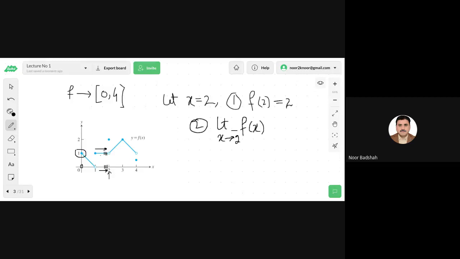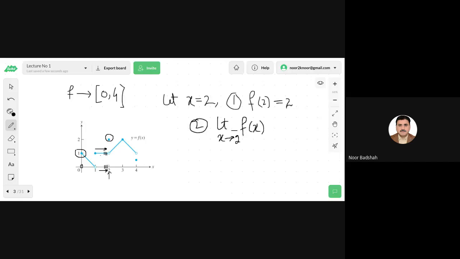It is not approaching this point. Exactly at this point, the value is this one. But the limiting value is this one. As I explained earlier, finding a limit is basically what? We are checking the behavior of the function in the neighborhood of that point.